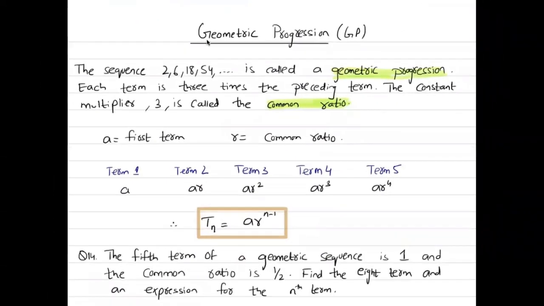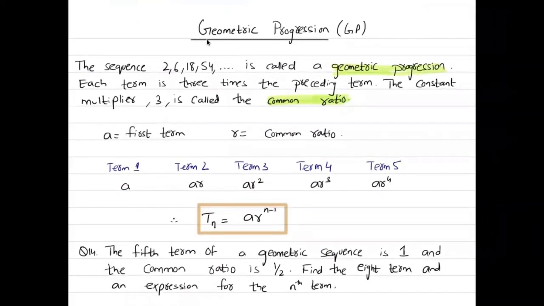Okay. Now, guys, the next type of sequence that we are going to study is geometric progression. In geometric progression, the consecutive terms will follow a common ratio. If you divide the second term by the first term, what is the ratio?